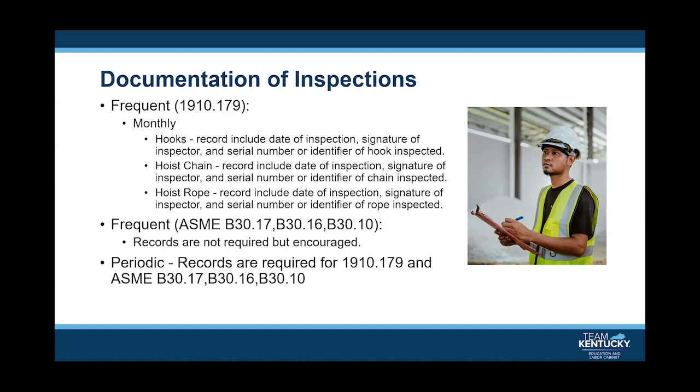According to ASME B30.17, B30.16, and B30.10, records are not required for frequent inspections. That being said, I always encourage employers to document the frequent inspection to assist in maintenance tracking and to prove that an inspection has been conducted of the crane. Both 1910.179 and ASME require that records be kept for periodic inspections.